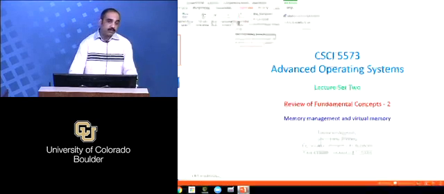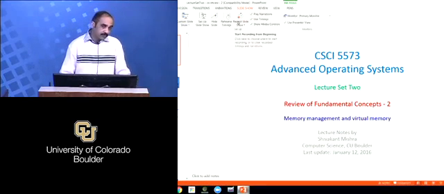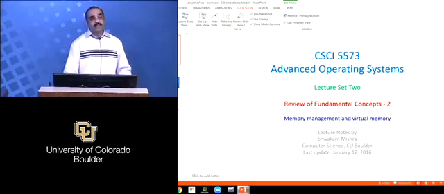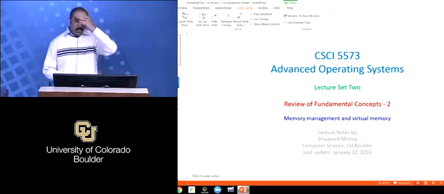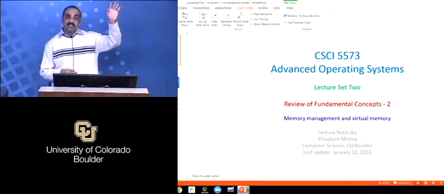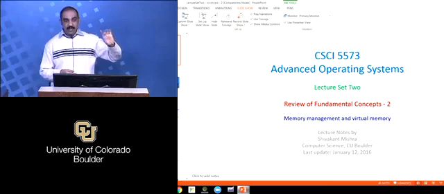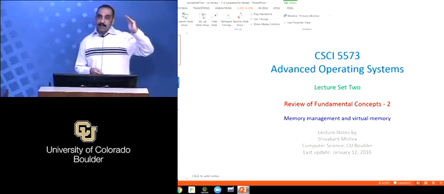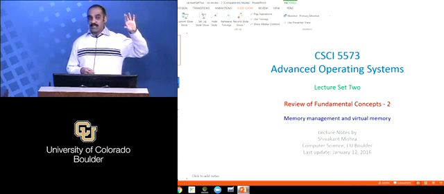What about segmentation? I did not talk about segmentation actually. We talked about paging, that is dividing the logical address space into fixed size pages. The downside of paging is that it depends strictly on the page size.